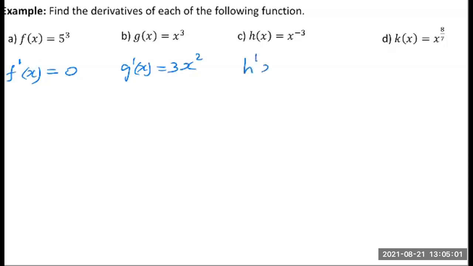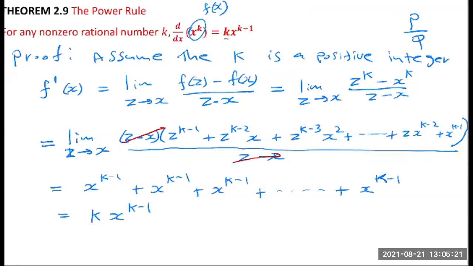What is h prime of x? Again, I am pulling my power to the front, minus 3 times x to the power, and then I have to reduce this power by 1. So you get minus 3 minus 1. I'm reducing the power by 1. Remember, it should be k times x to the power k minus 1.